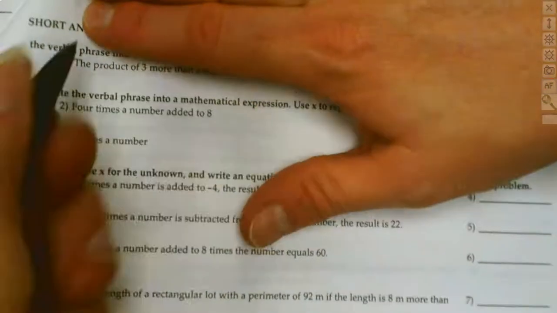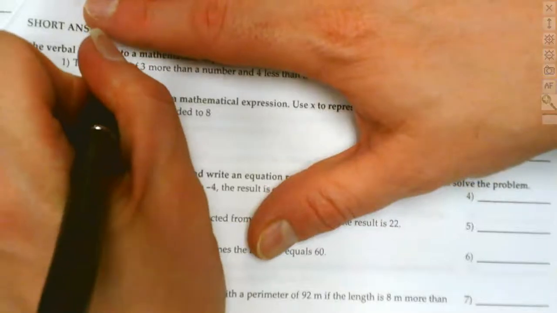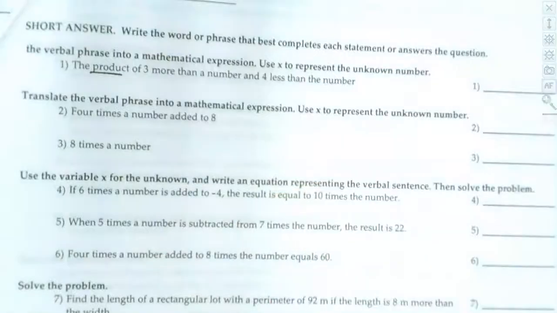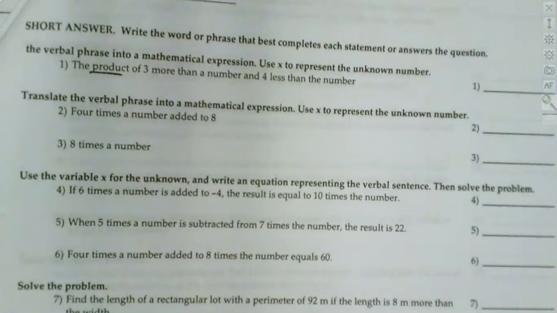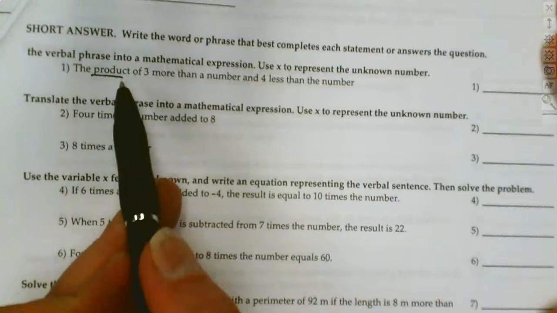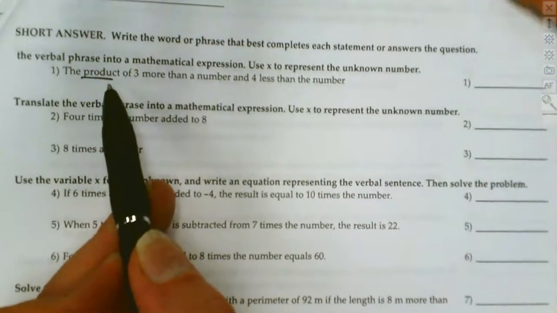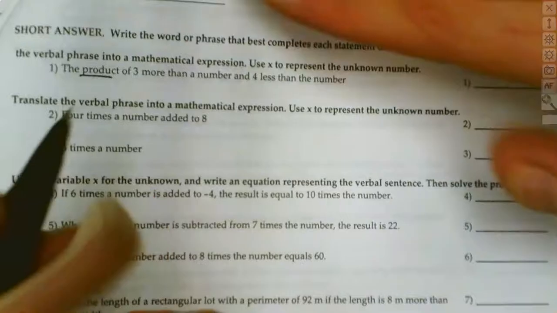Then we look at the key words here. The product of 3 more than a number and 4 less than a number. So product. Now, what does product mean? Product means multiply, right? Okay, so that means multiplication. Product of 3 more than a number.